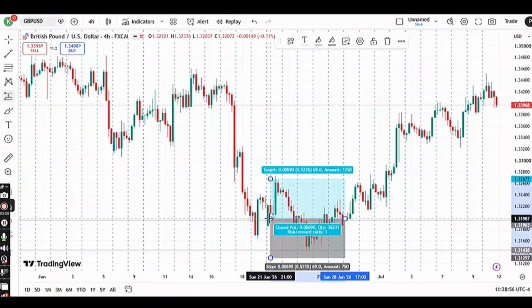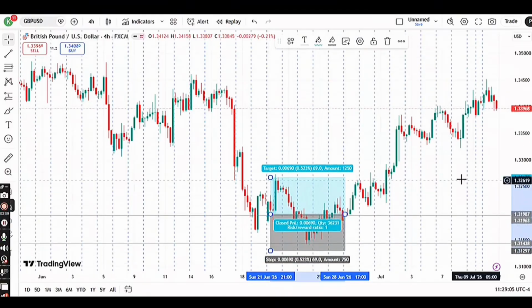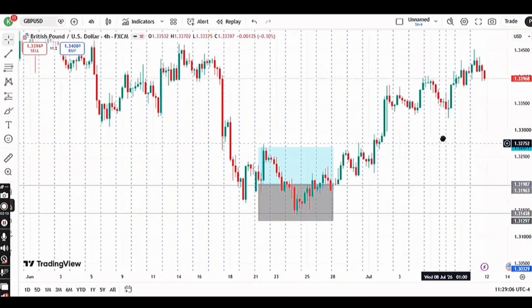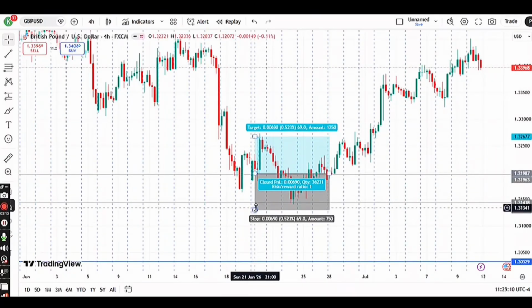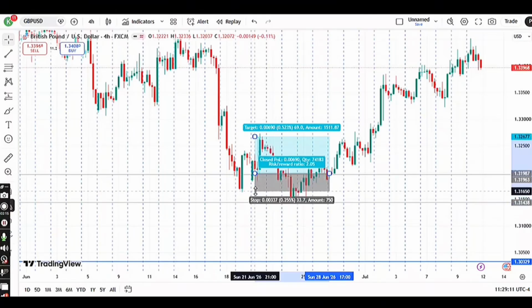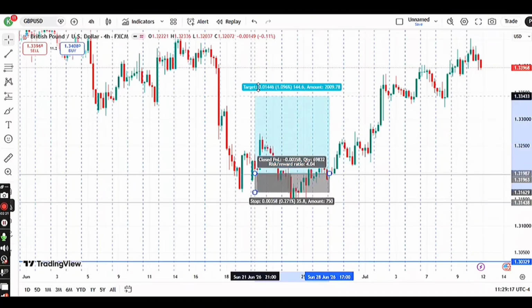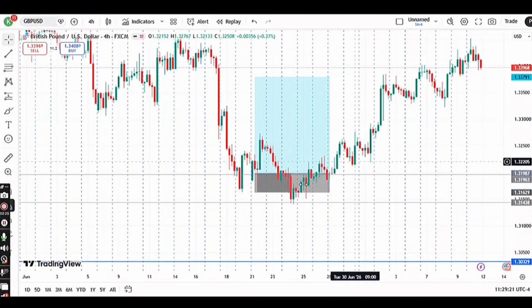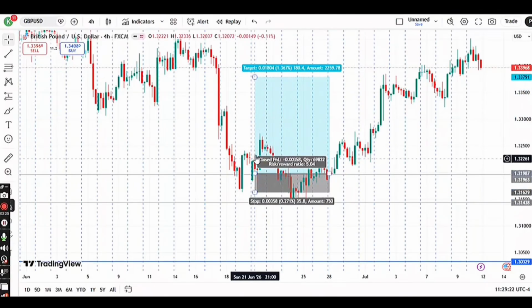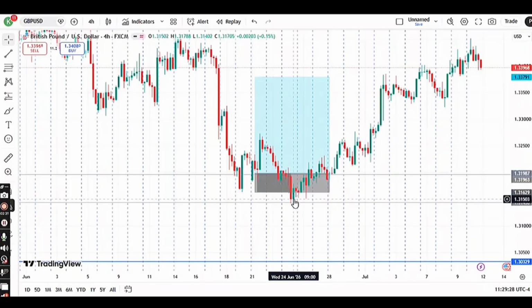Let's say you entered the trade at this point, and you placed your stop loss just a little bit below that engulfment, something like this, and your take profit somewhere here. Now, definitely you would have been taken out of the market when this particular movement retests the zone.